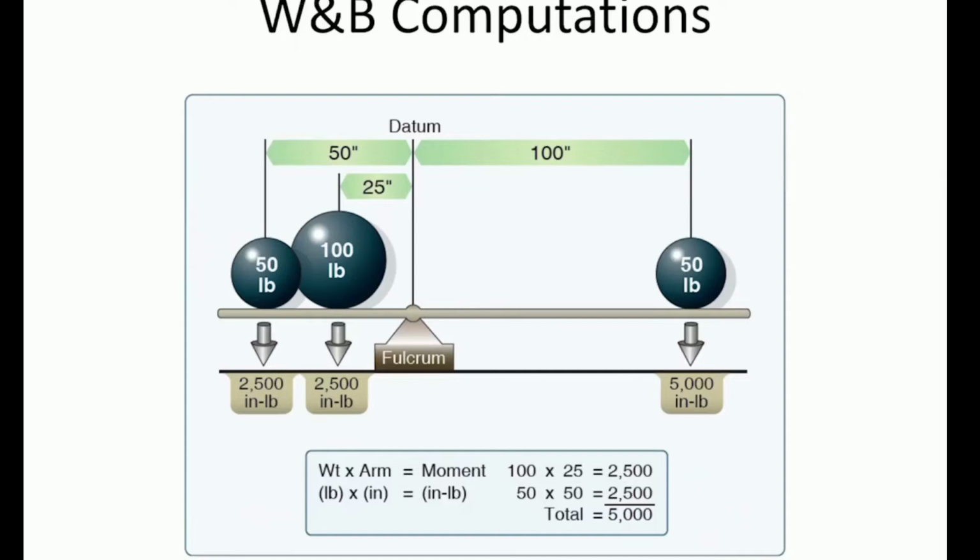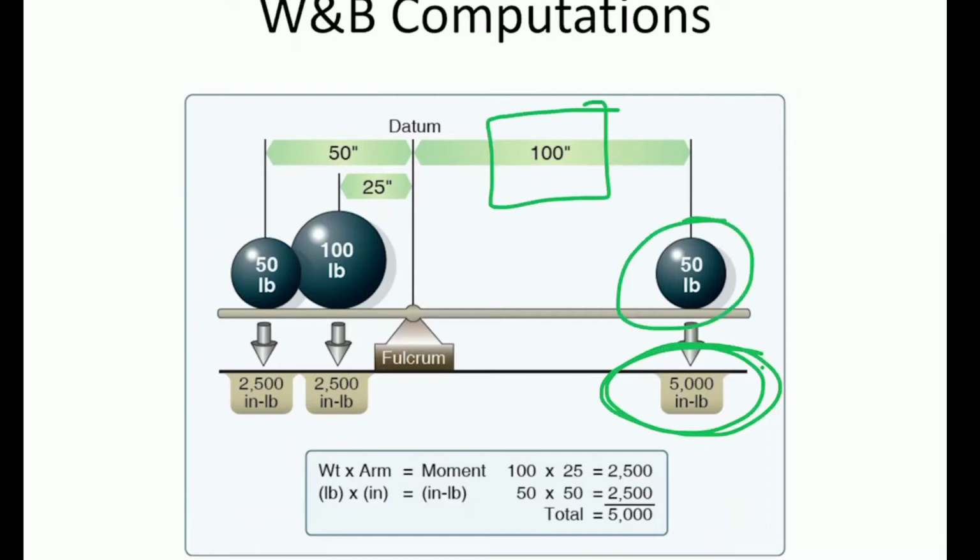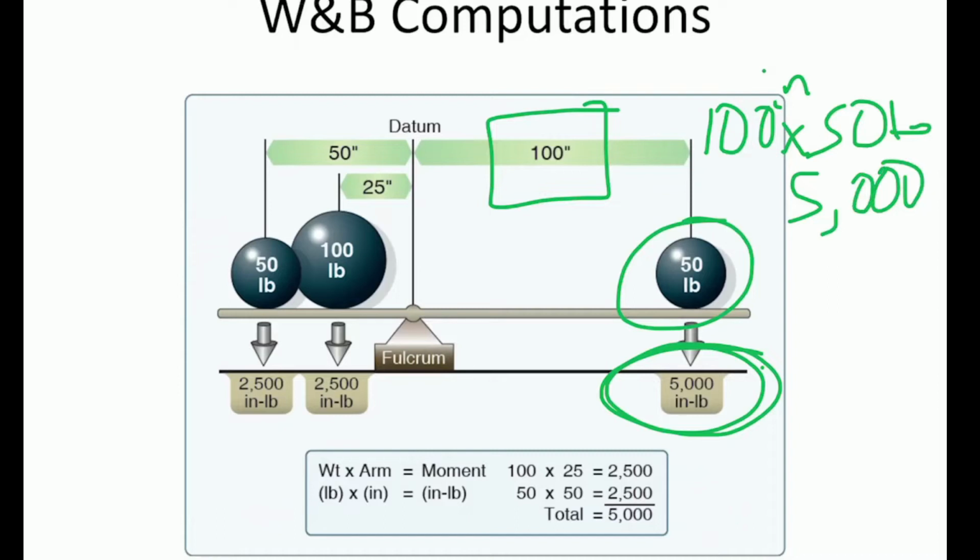Any combination of weight and distance which, when multiplied, produces 5,000, because on the right side, 100 inches times 50 pounds equals 5,000 inch-pounds. So we have to make sure that the other side of this seesaw-looking thing balances as well.